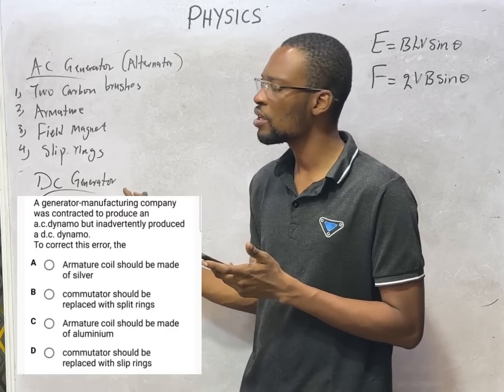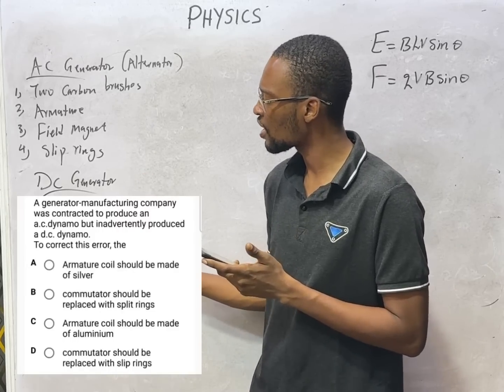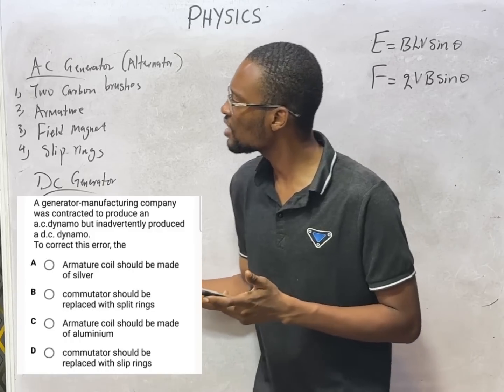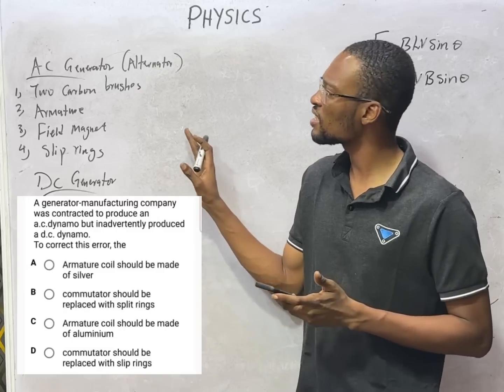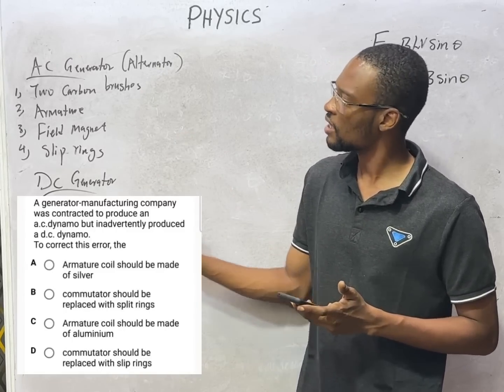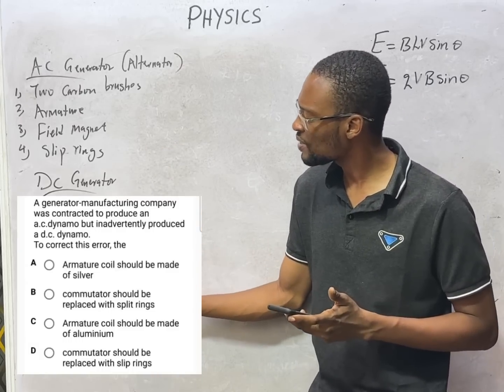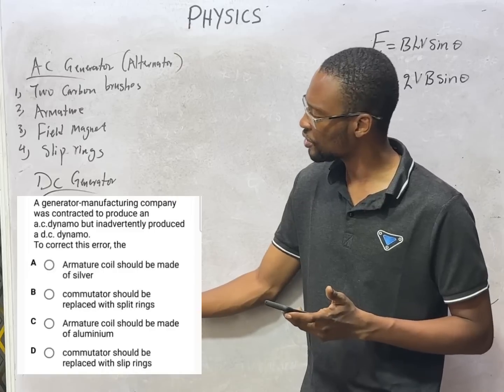And for DC, what you need are two opposed brushes, armature and field magnet. So the difference between an AC generator or dynamo and a DC generator is that AC has slip rings while DC has split rings or the commutator.